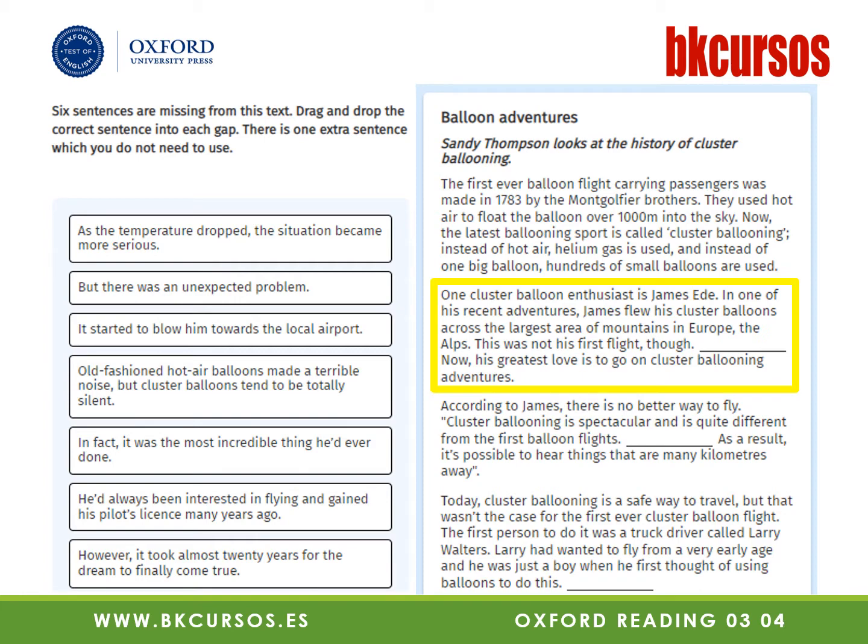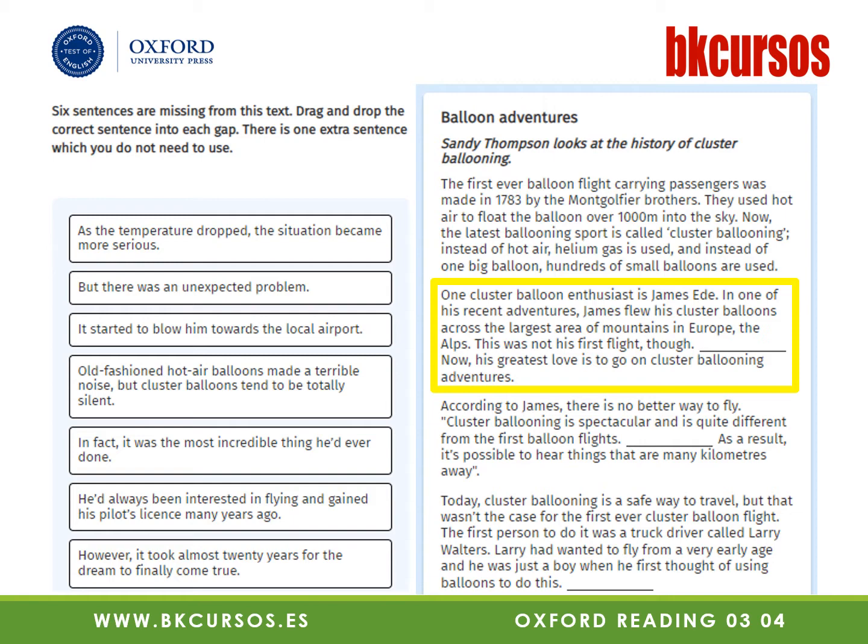Let's do a couple of examples to see what is the important information that we need to be paying attention to. So let's read this first paragraph that we need to complete. One cluster balloon enthusiast is James Eade. In one of his recent adventures, James flew his clustered balloons across the largest area of mountains in Europe, the Alps. This was not his first flight, though.